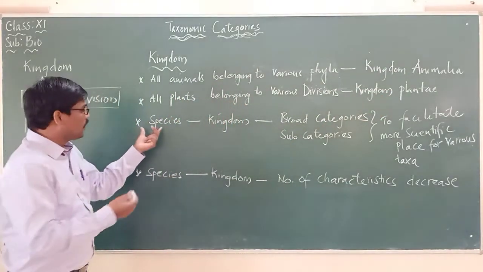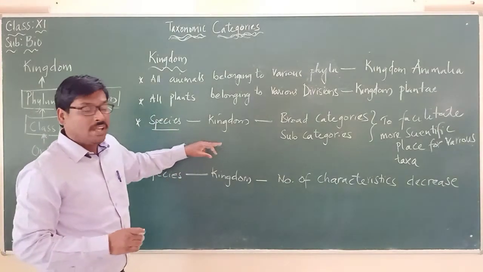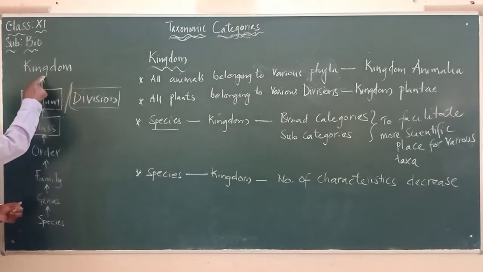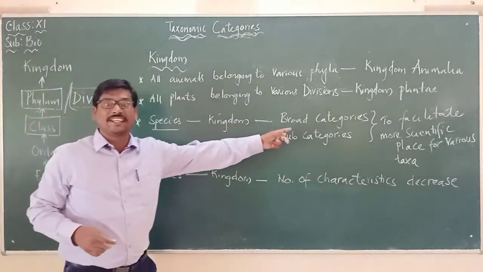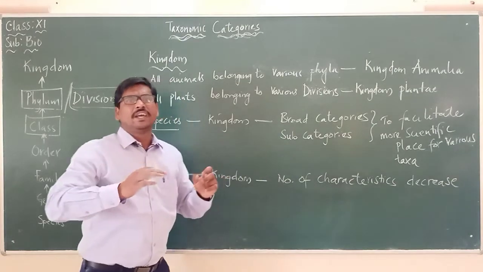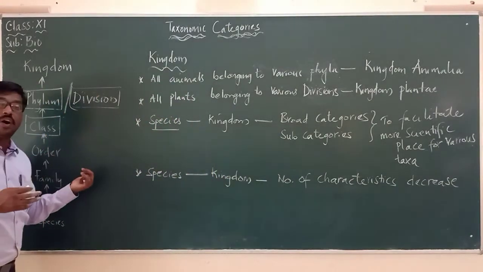From species to the kingdom, these are the broad categories. They give complete information about different types of organisms.